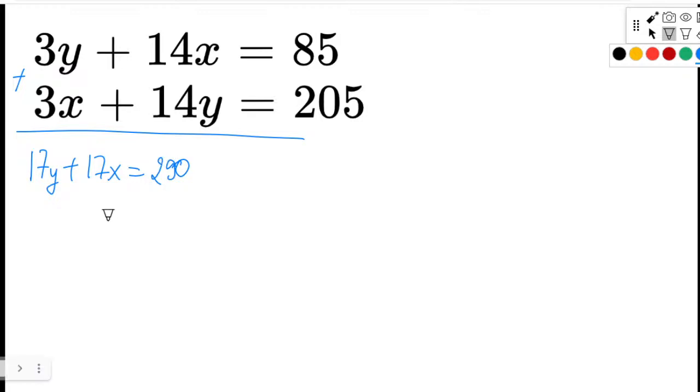And if I divide both sides by 17, what do I get? So I divide by 17. I would get y plus x equals to, what would that be?